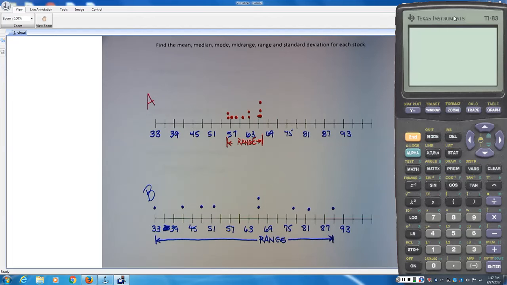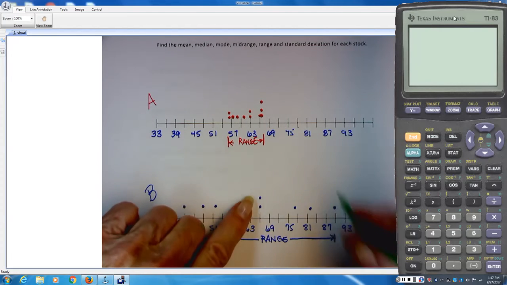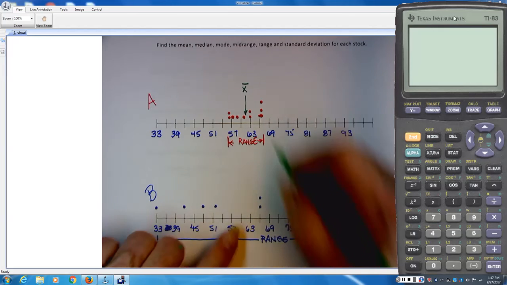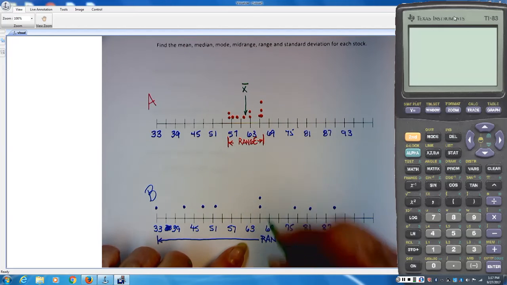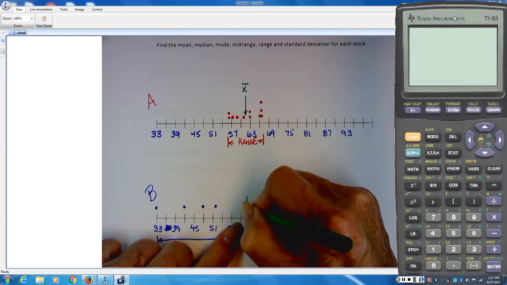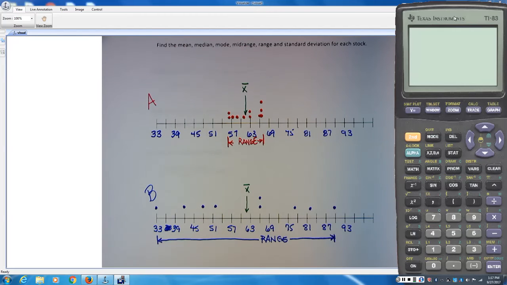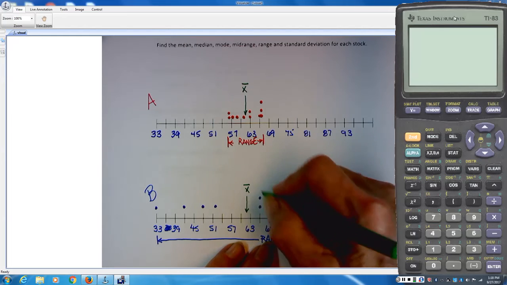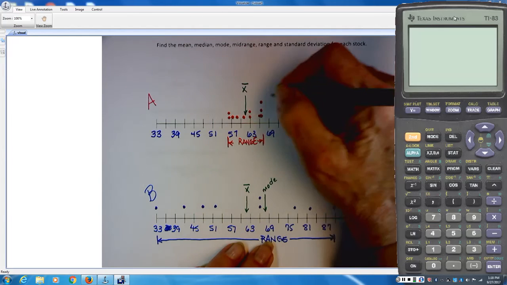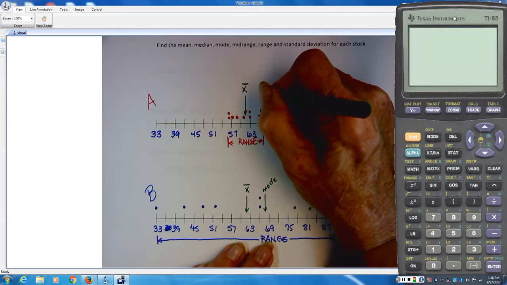But the mean, the median, and the mode were all exactly the same for both stocks. The mean for stock 1 was $61.50. And for stock 2, it was $61.50. And the mode was $67, and that was for both of them.